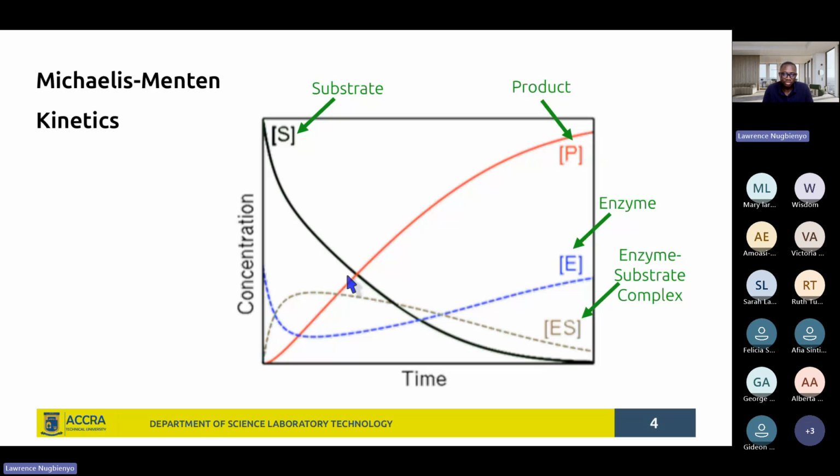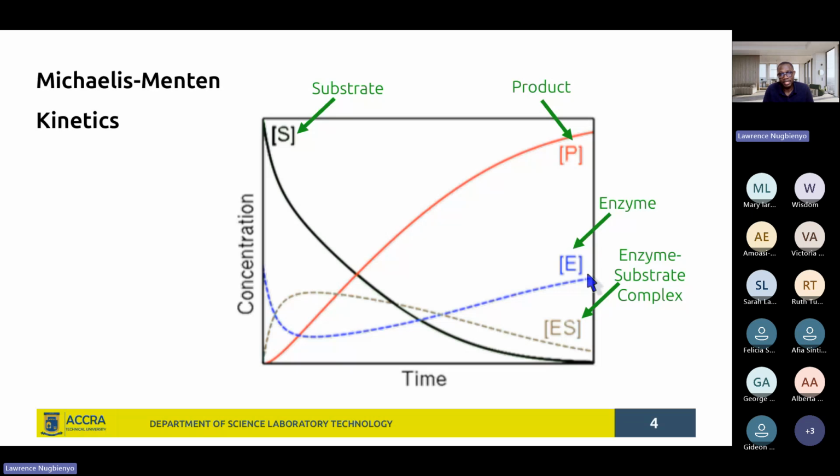Then there were two other things, which was the concentration of the enzyme, which at the beginning of the reaction is high, and it begins to reduce all the way to a certain point where you see it barely being constant, and then coming back to the initial concentration that it was.